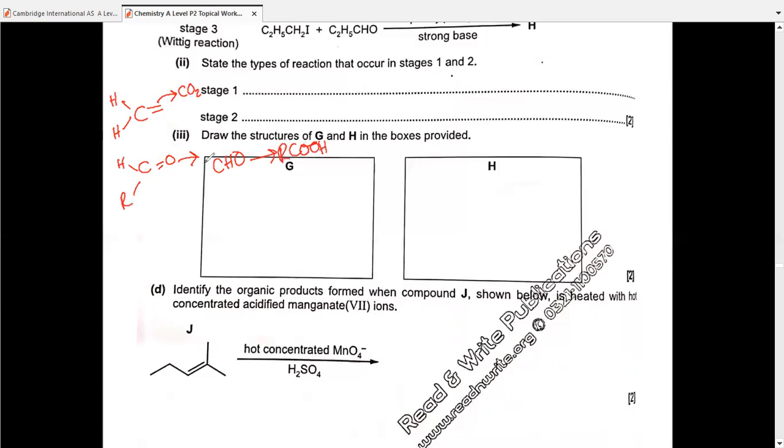And if we had both R groups, then this would be converted into R2C=O, a ketone.